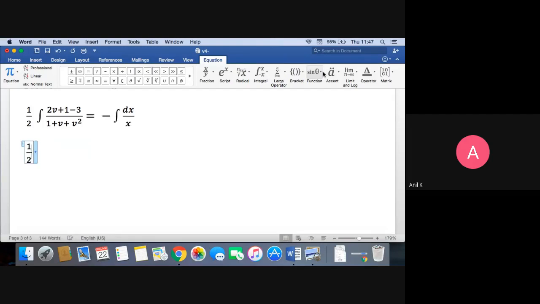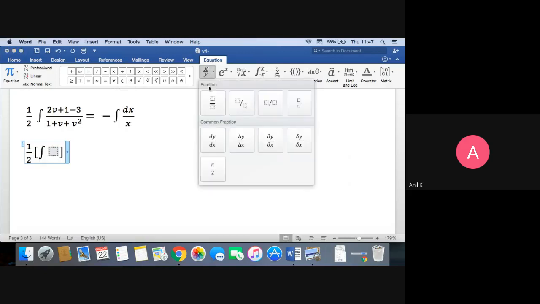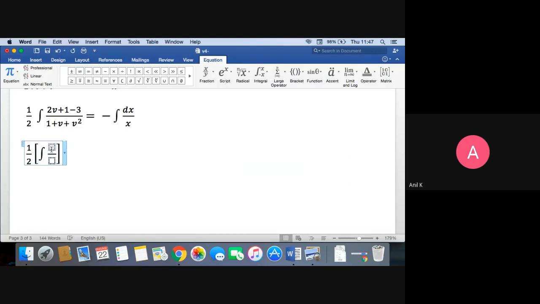This 1 by 2 will remain as it is, and let me put the brackets: 1 by 2 into integral of 2v plus 1 upon the denominator 1 plus v square, minus 3 into integral.